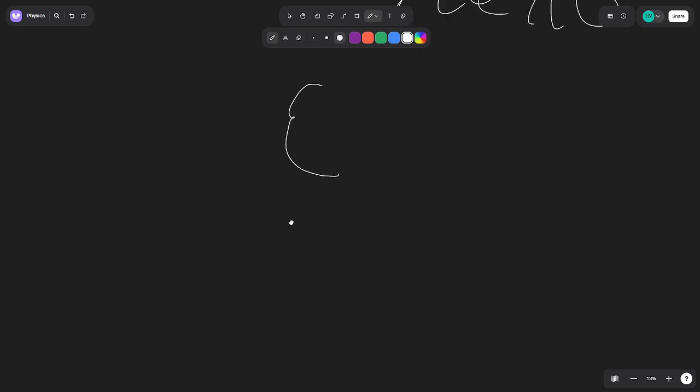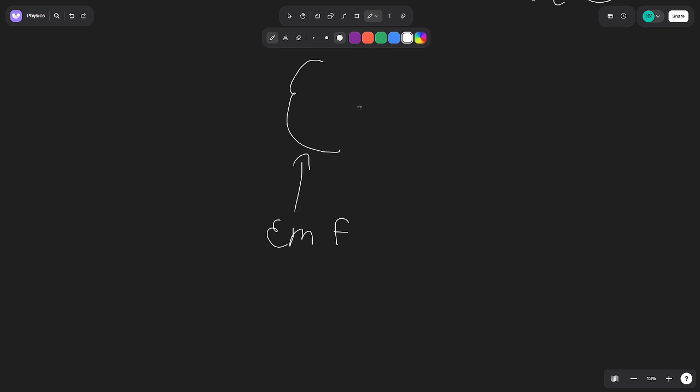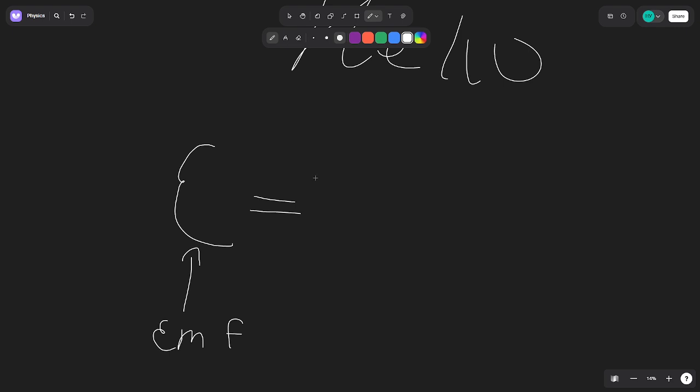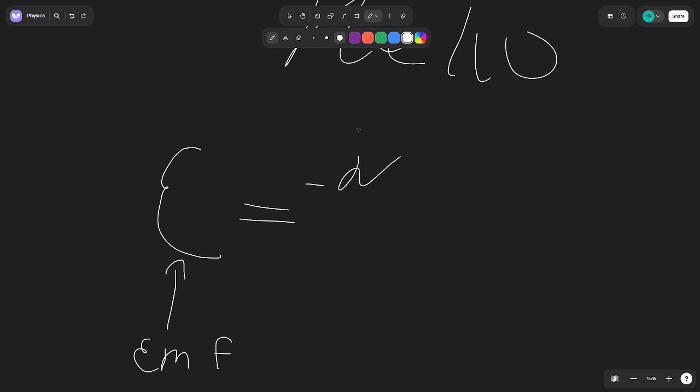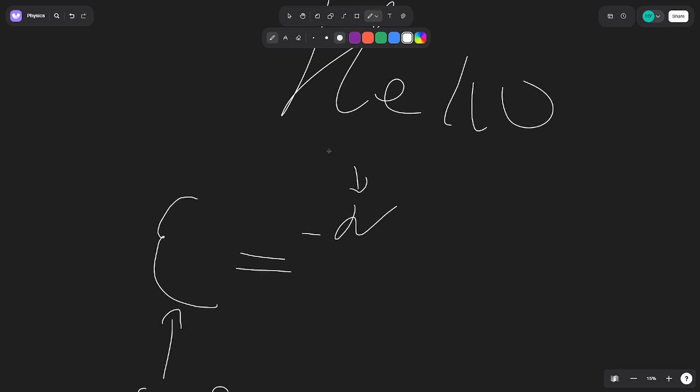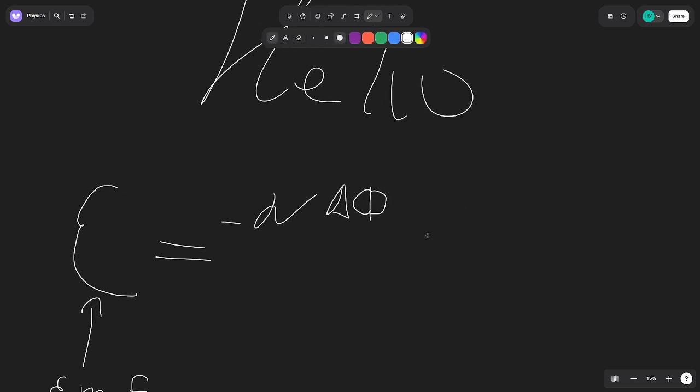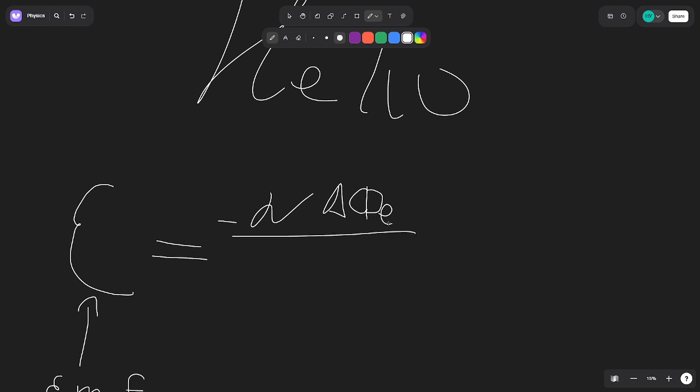The electromagnetic field equals negative N, the amount of loops, times the change in flux, divided by the change in time.